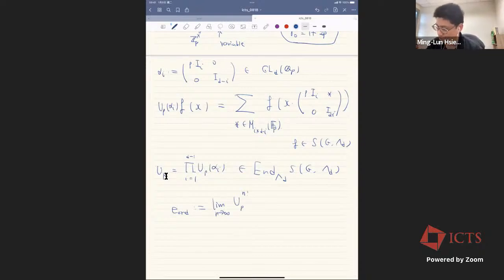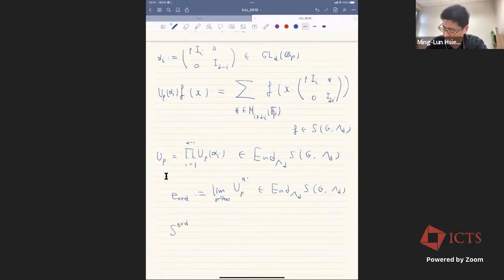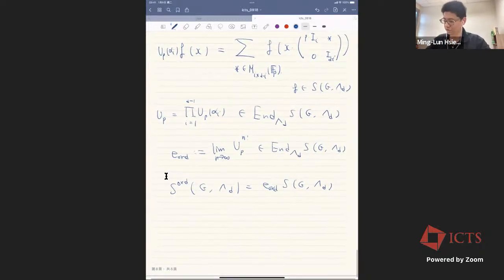This will converge to an endomorphism of the space of nearly ordinary forms. Finally, I can define the space of ordinary nearly ordinary forms in this way. So this is the definition.